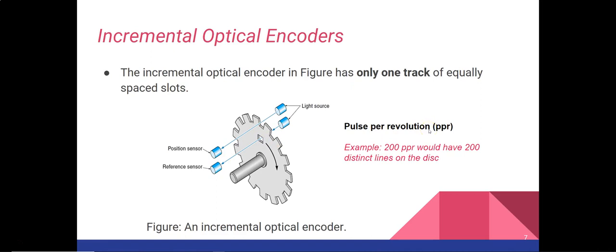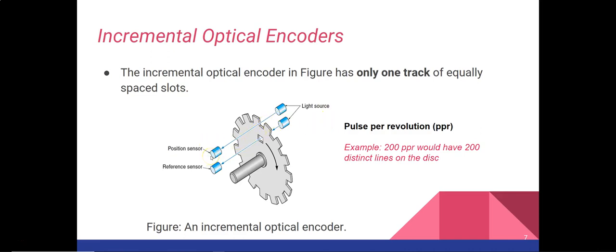This defines the number of clear and opaque lines on the disk. So for example, an incremental encoder with a resolution of 200 ppr would give 200 distinct lines on the disk. This type of optical encoder provides speed and directional data to a monitoring and control device, and through the photosensor position, it determines where each slot represents a known angle.